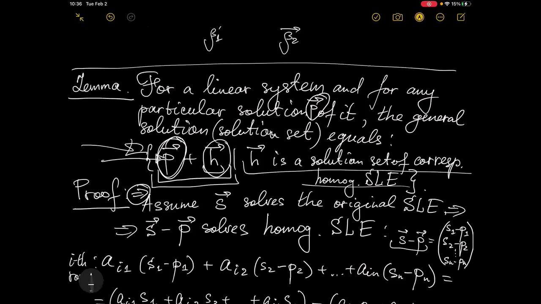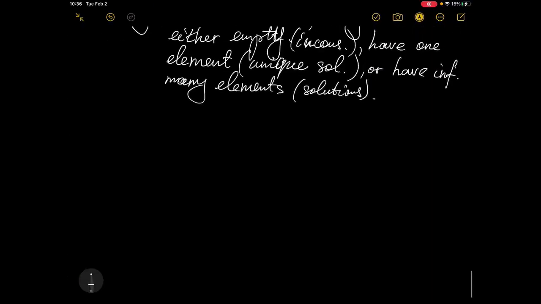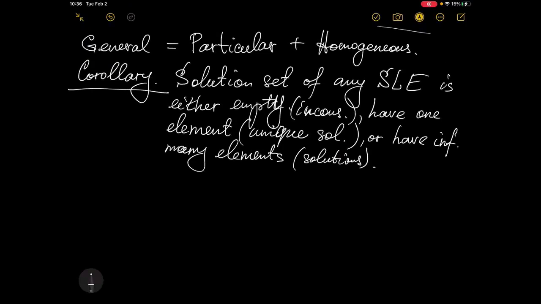If the system is consistent, then it can have either a unique solution or infinitely many solutions. So it cannot have, for example, only two solutions or only three solutions. This is an extremely strong statement, and it follows directly from the form of the solution which we have proven.